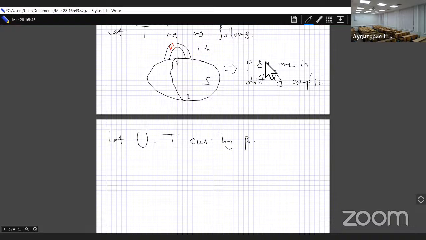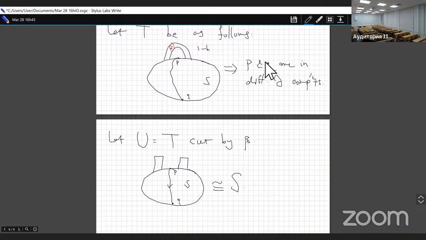So it looks like this. Again, this is S. So T cut by beta is, basically, homeomorphic to S. Yes, it is homeomorphic to S. Okay, so these are the notations.